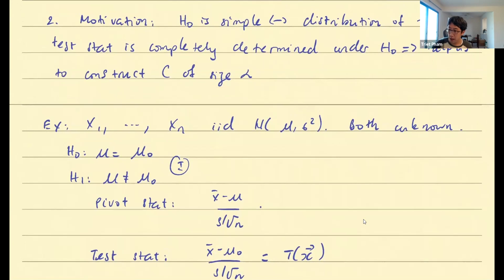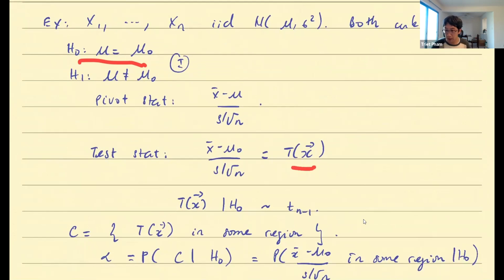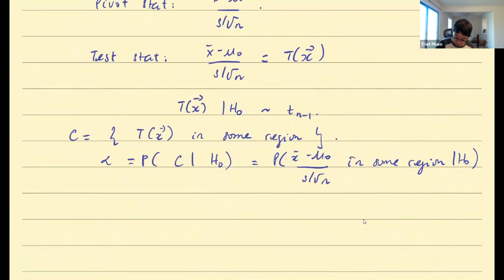But that's not the end of the story yet, okay? Because so far we only exploited the structure of the null, meaning it's a simple hypothesis which leads us to a T distribution. We did not say anything about the alternative. So that goes to item 3.